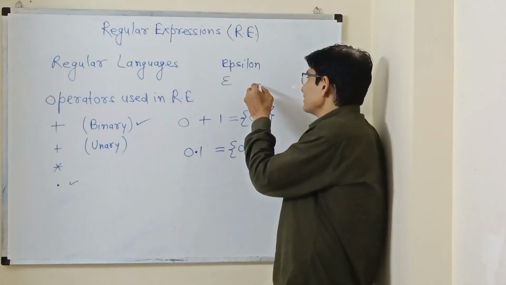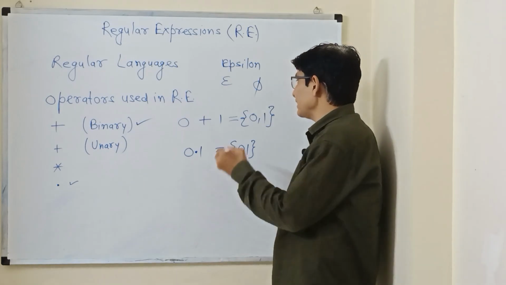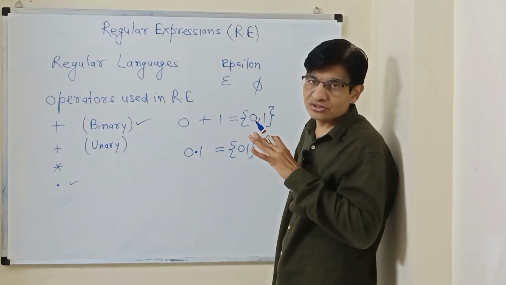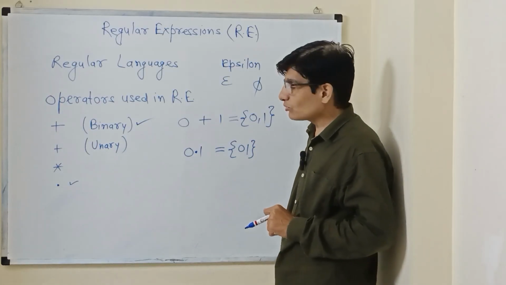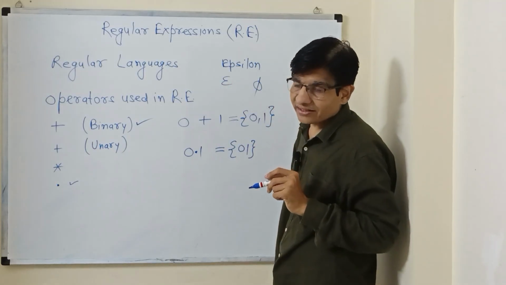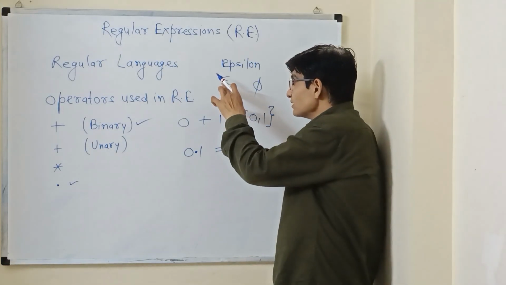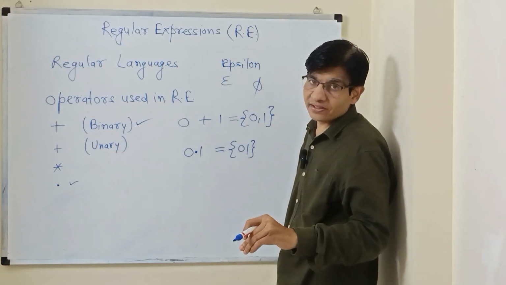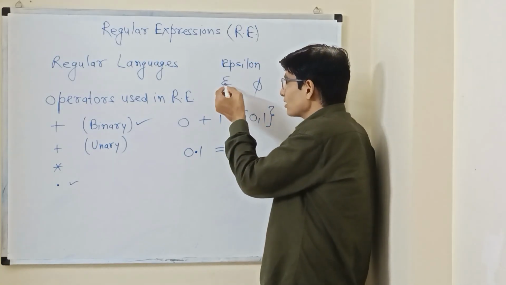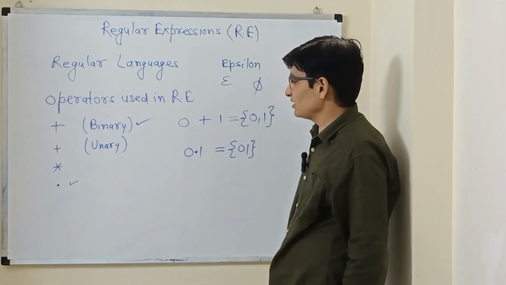One more thing: if no strings are there in a language, it is represented by phi, the null set. Phi and epsilon are two different things. Phi means no string at all in the language. Epsilon means there is one string with zero length. These two terms are also used in regular expressions.